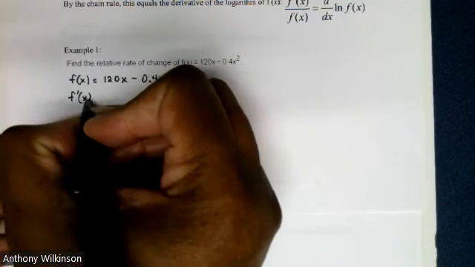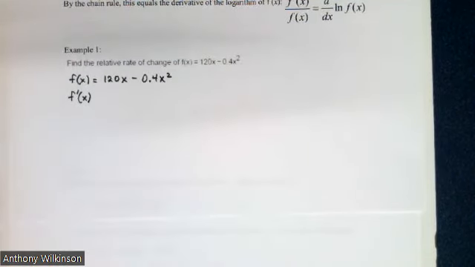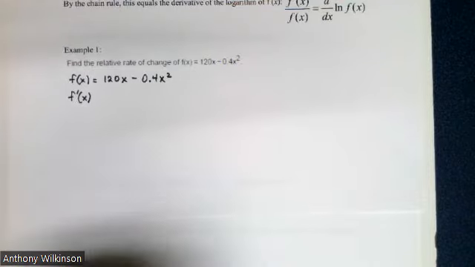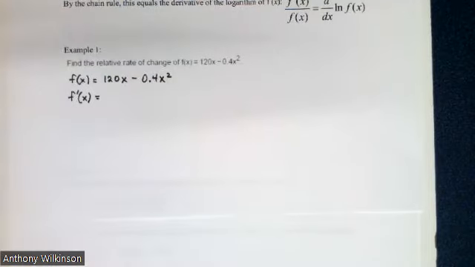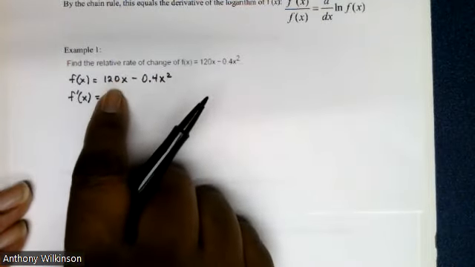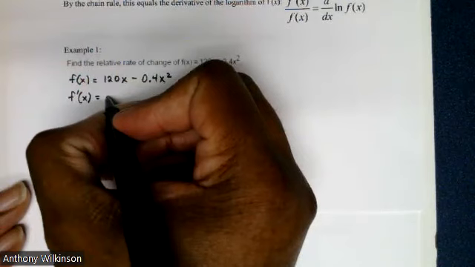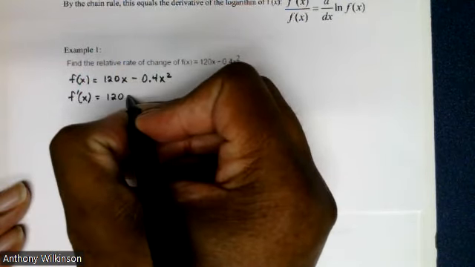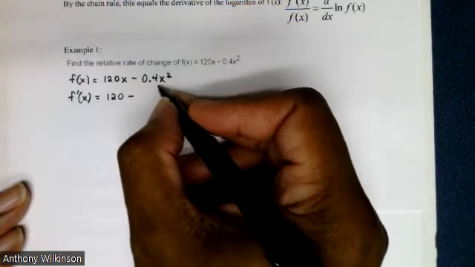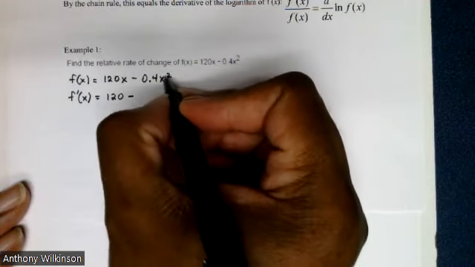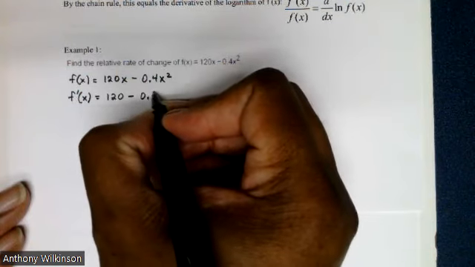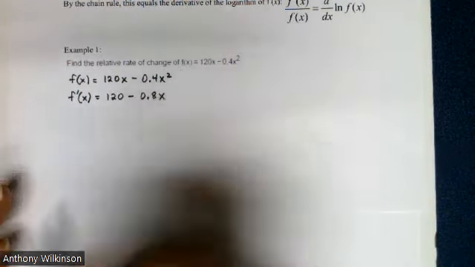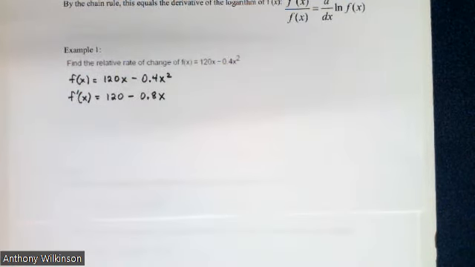So all we need to do there is just take the derivative of that function, which is, of course, f prime of x. Since it's a polynomial function, we take the derivative of each term. The derivative of 120x will be simply 120, minus the derivative of 0.4x squared. If I bring the 2 down, multiplied by the 0.4, you'll get 0.8. Copy the x down to the 1 less power. So f prime of x there will be 120 minus 0.8x.